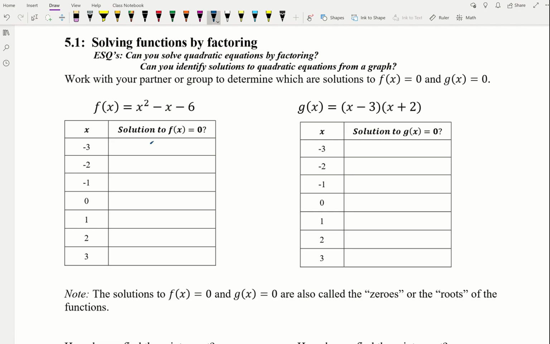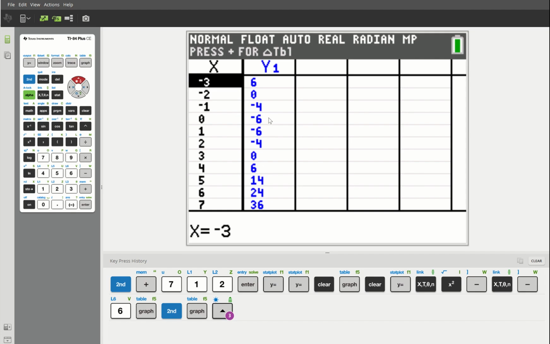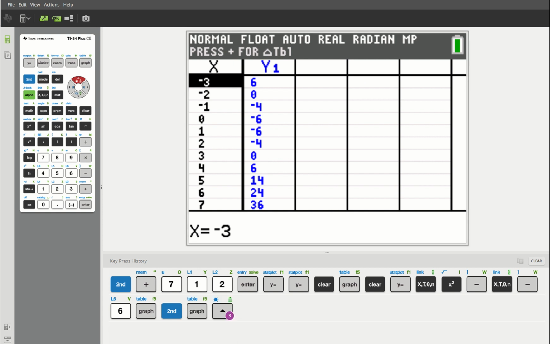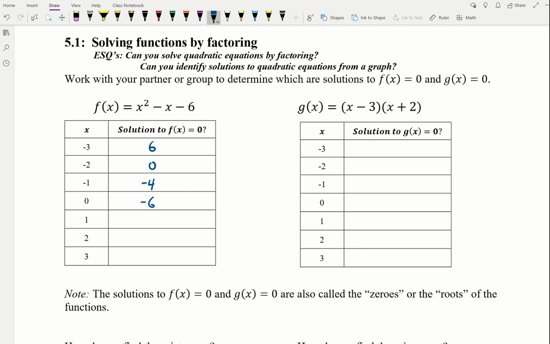So we have 6, 0, -4. And then we had -6, -6, -4, 0. So that's what it would look like.